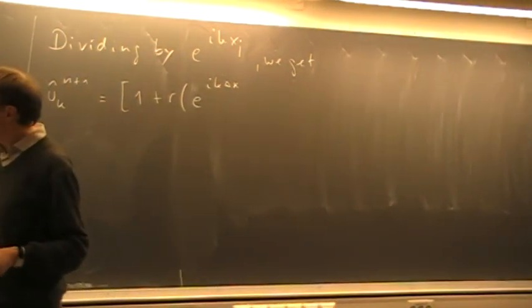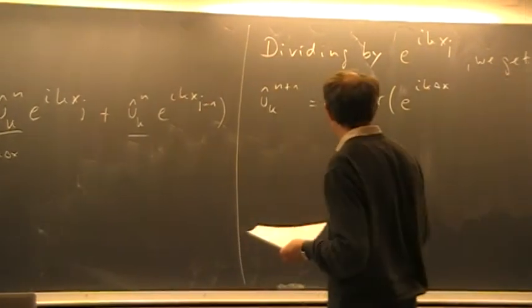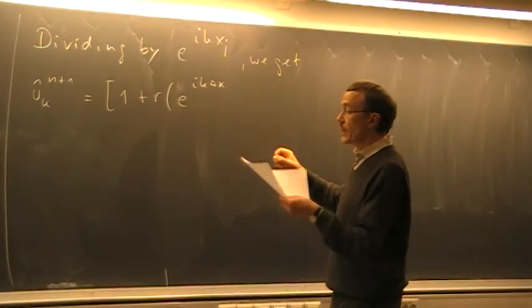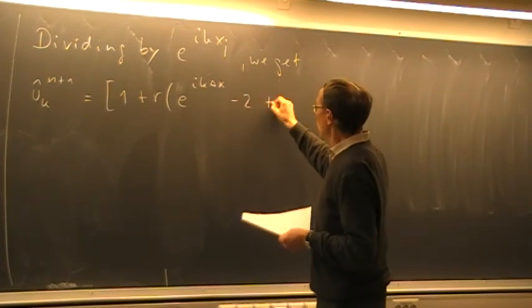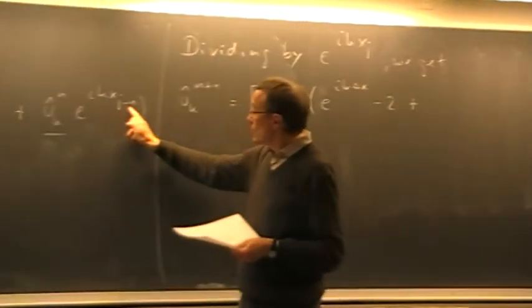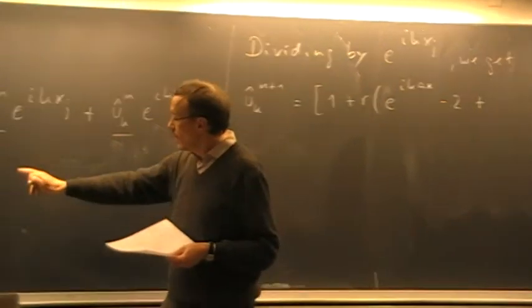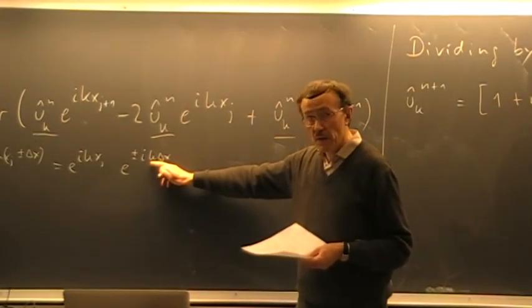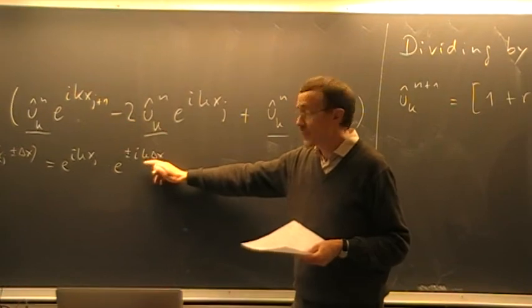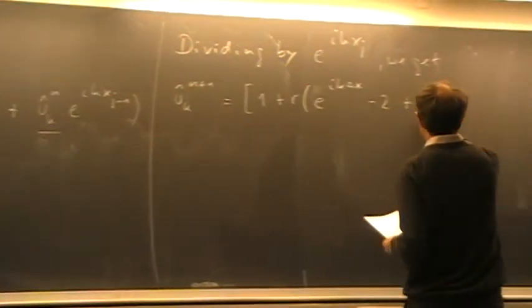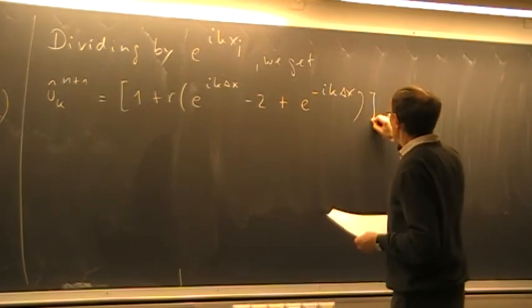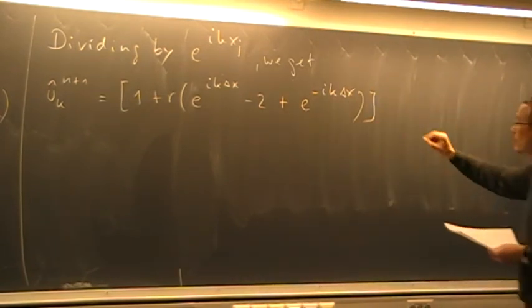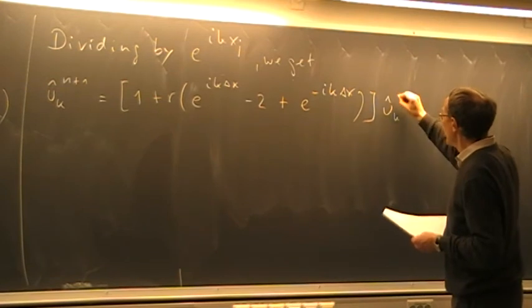And here we just get a minus 2 after dividing by e to the i k x j and factorizing u k hat n. And from here with the minus, we see that the e to the minus i k delta x survives. Okay, and then we should not forget the u k hat n.